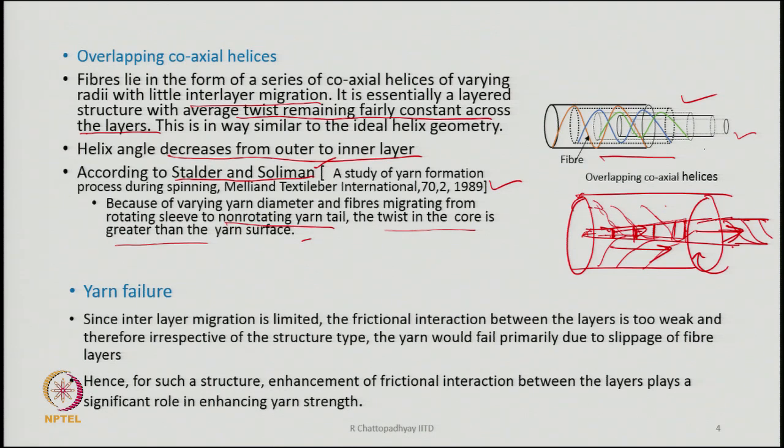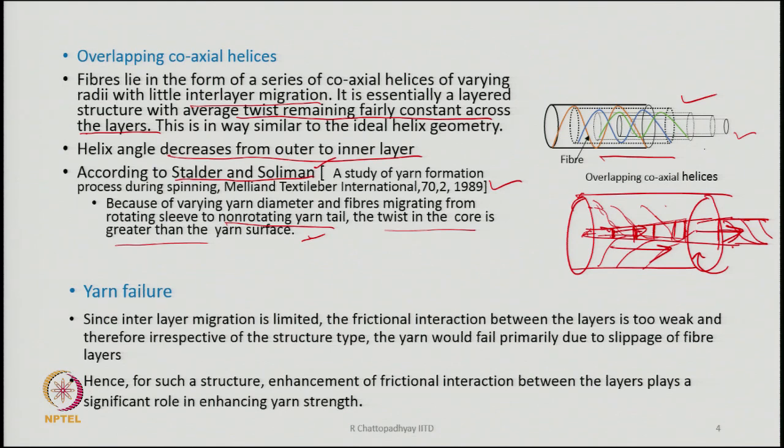On the delivery side it is coming to the dimension of the yarn, but at the other extreme end it is thinnest, and the thin portion keeps on moving forward, and it is receiving fibers continuously as it is travelling through the sleeve length or across the length of the friction drum. That is how this kind of theory has been proposed, and based on that they are saying something about the way the yarn twist will vary.